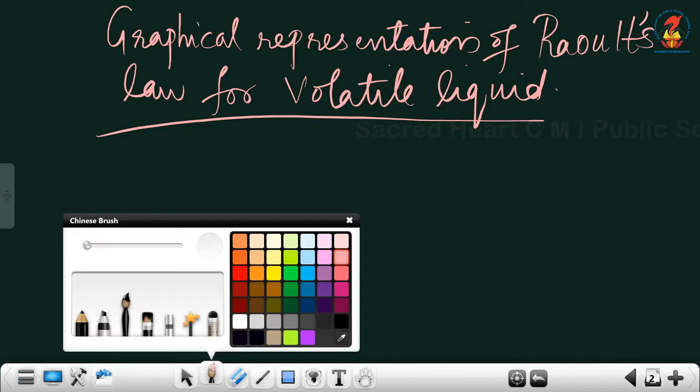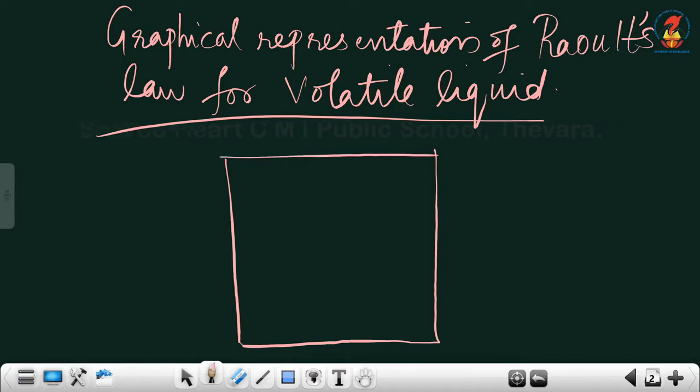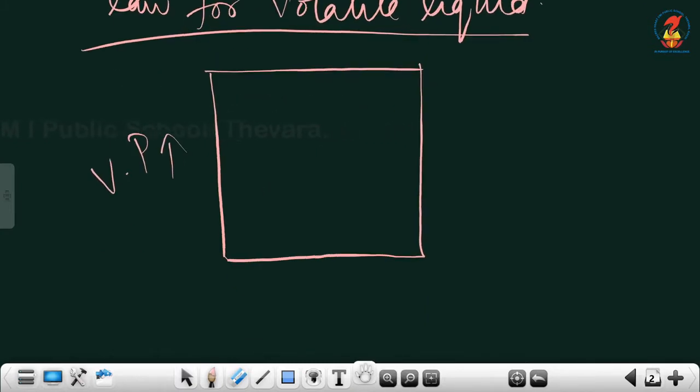Now we are going to plot a graph. Now the graph is between vapor pressure and mole fraction. So this is the graph for Raoult's law.